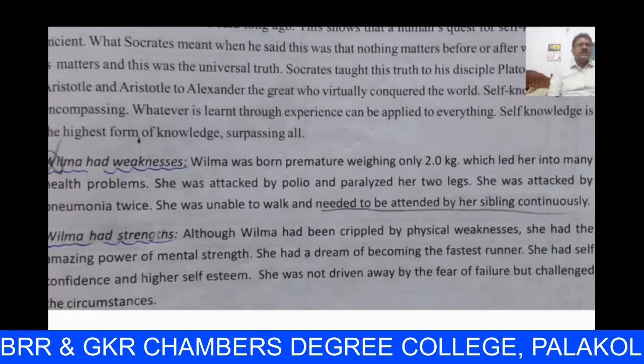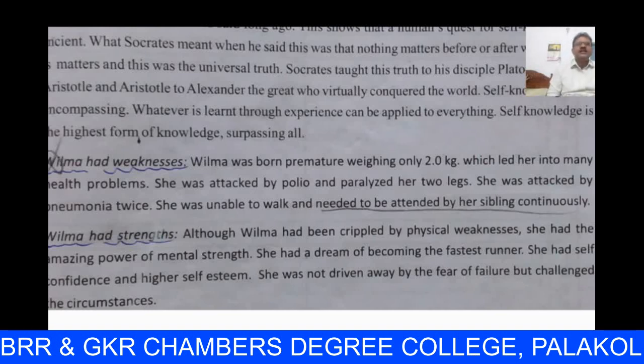What a pathetic situation she faced in her life. That is her weakness. We people have so many weaknesses. Those weaknesses stop our career, our goals, our achievement, our success. But how did Wilma Rudolph overcome her weakness?